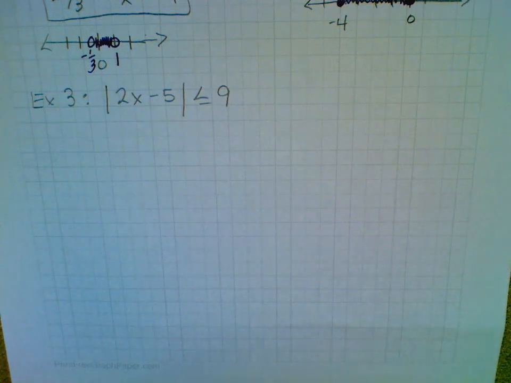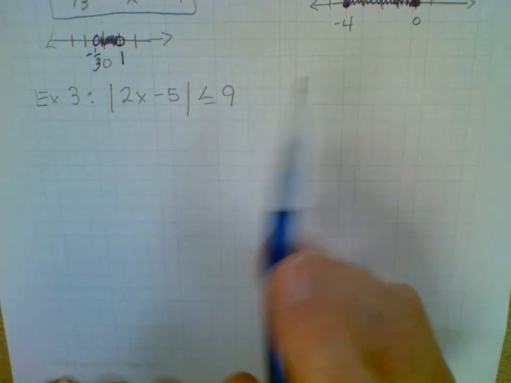Now this one, I don't have anything outside the bars on the left side, so I'm going to go ahead and set up my compound inequality because it is a less than, so it's a conjunction.